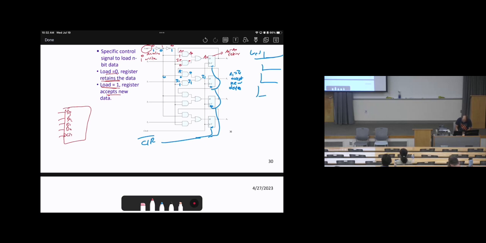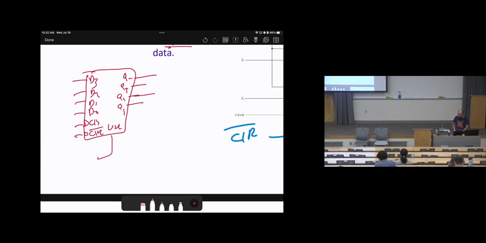Here is clear, active low. Then here is load, while the outputs are Q0, Q1, Q2, Q3. So we can create this kind of register, 4-bit register. This 4-bit register can be done. Oh, load here.